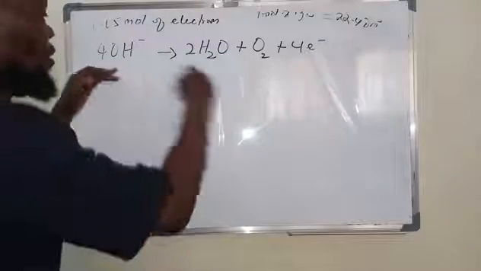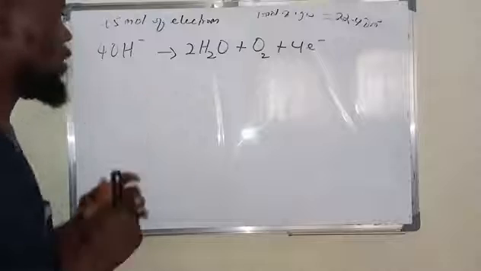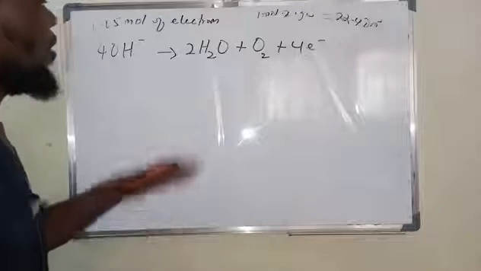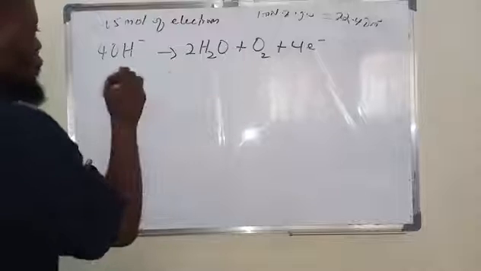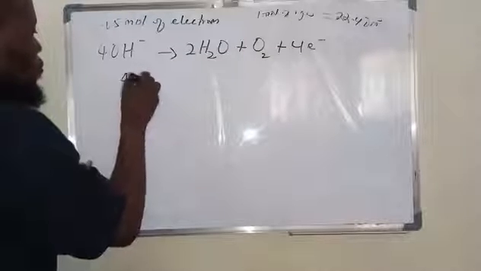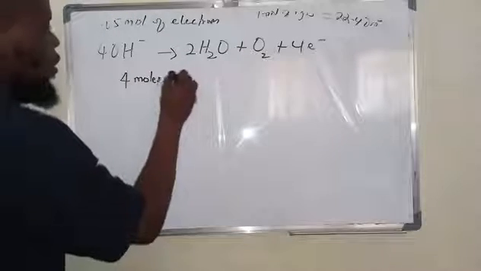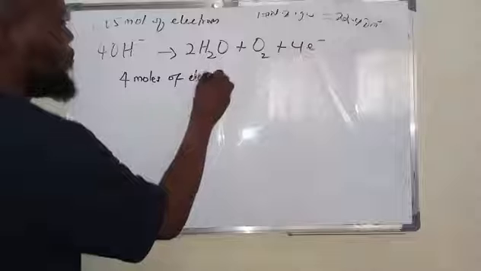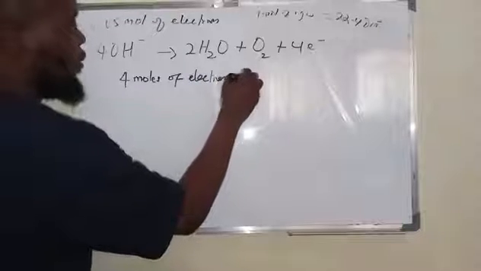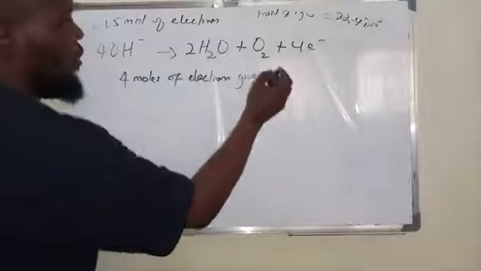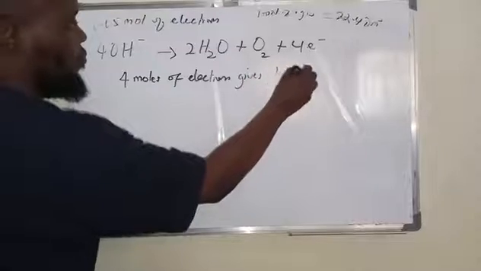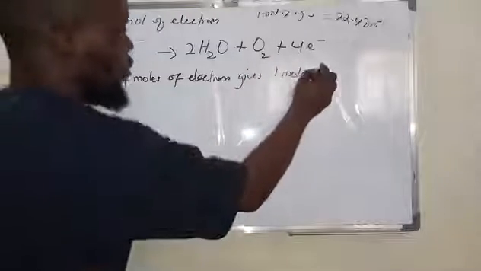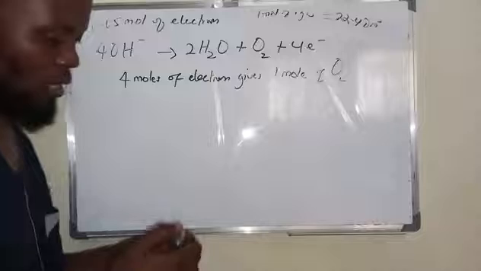So the equation has already given us important information: 4 moles of electrons gives 1 mole of oxygen, which is the gas in the question.